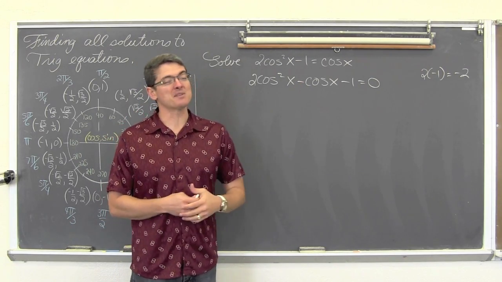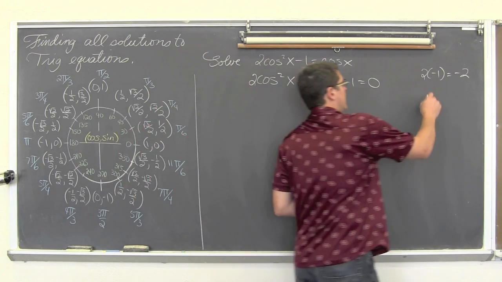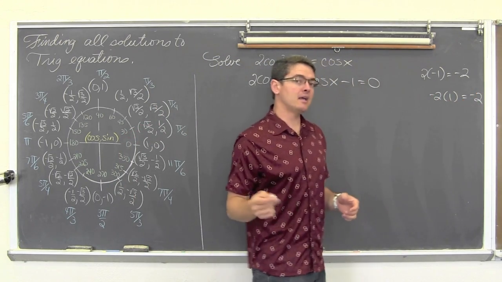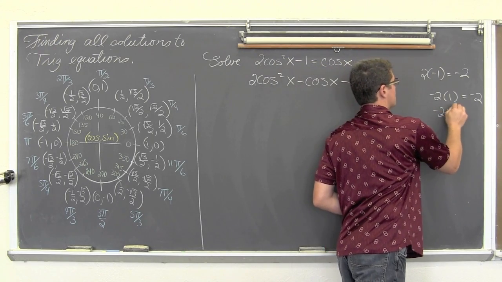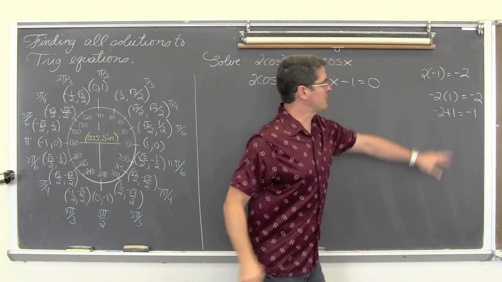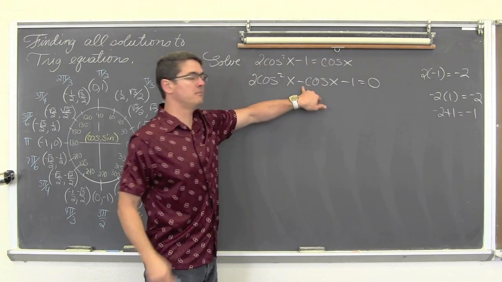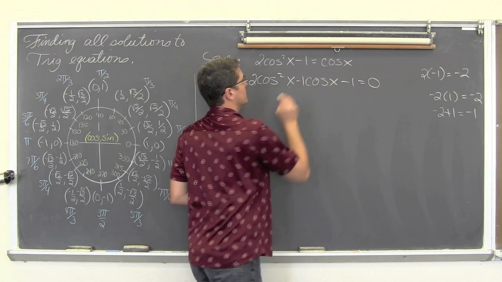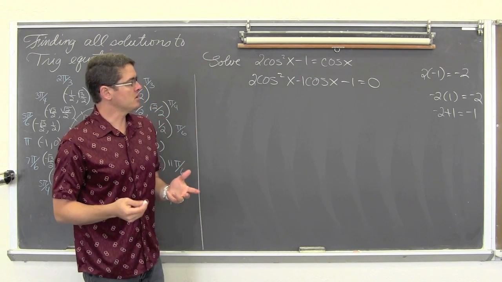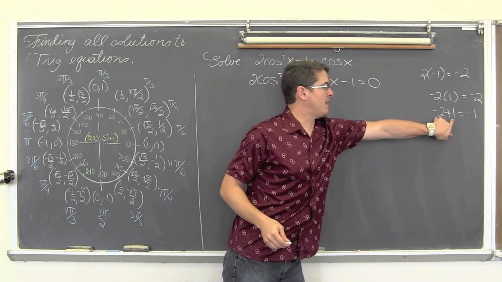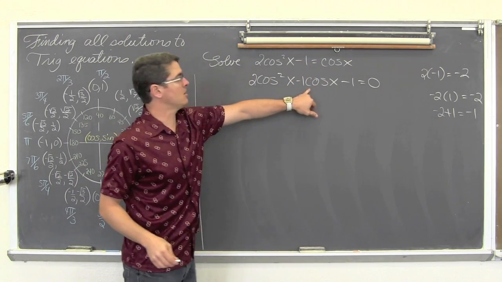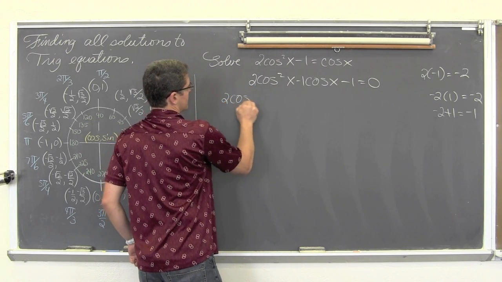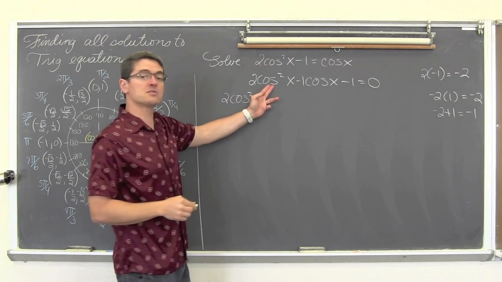And since 2 is prime, it's not going to be very hard to do. Negative 2 times 1 equals negative 2, and negative 2 plus 1 equals negative 1. That's the middle coefficient of negative 1, which I can just write in here to make it a little bit clearer. So I'm going to use these 2 values to rewrite my middle term and then factor by grouping. So we have 2 cosine squared x, just copying that first term down.